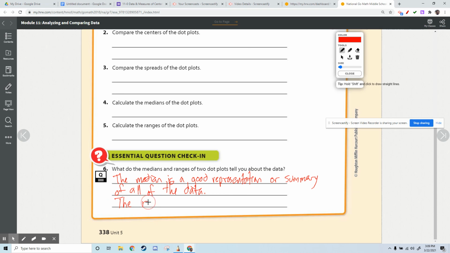The range tells you how spread out the data is. It tells you if they're really spread out or really close together. And if you have two medians, you can decide, well, who does more, who does less. If you have a range, you can decide, well, who's more consistent, who's less consistent.